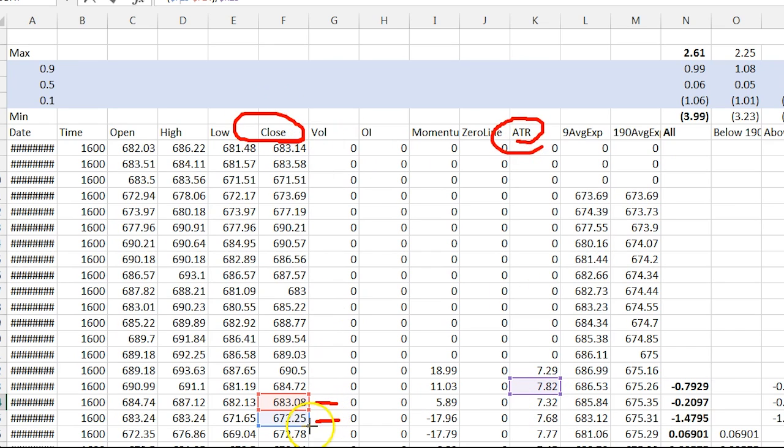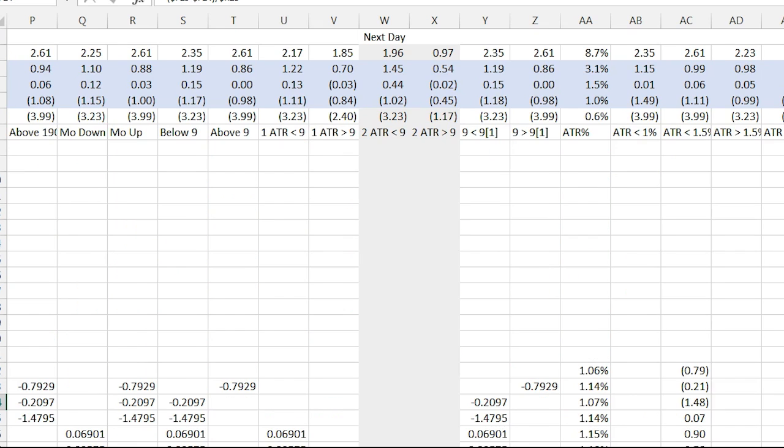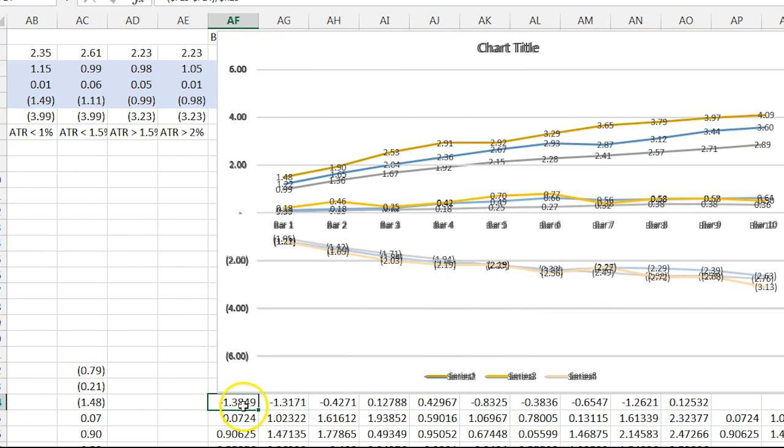So what is the change in price from today to tomorrow divided by the ATR that is already closed, that information that I already have. So that's the one. Actually, this was the 2-day move here. Let me just check that over here. Yeah, that's the 1-day move here. So that's a quick example.